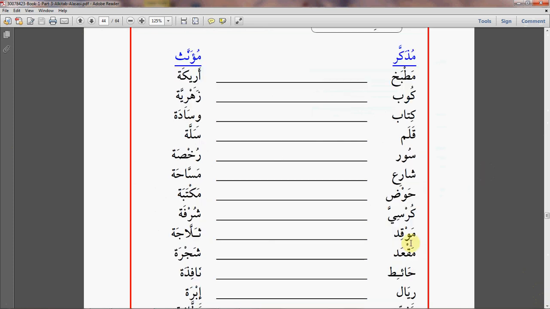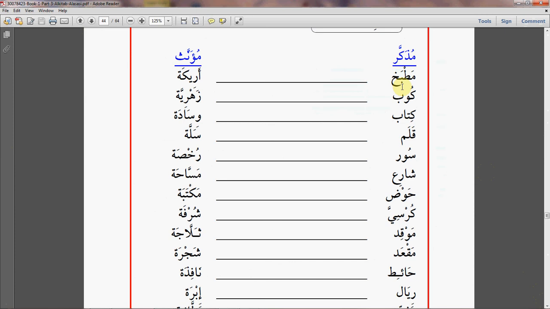In this book there is a section, not a dictionary, but something that shows you all the masculine vocabulary or nouns that come in this book, in book 1. This is all the masculine vocabulary and this is all the feminine vocabulary.